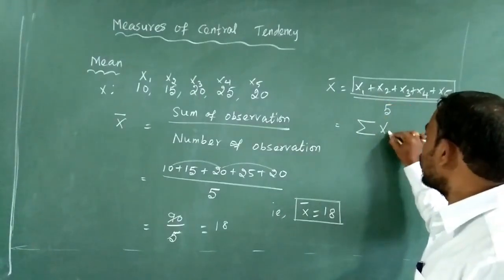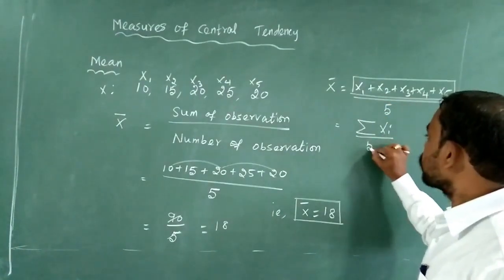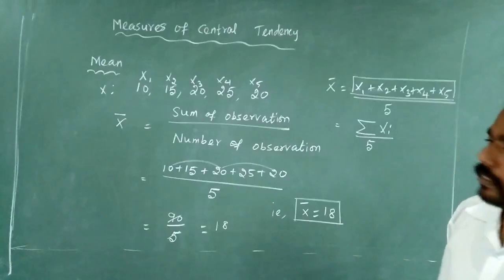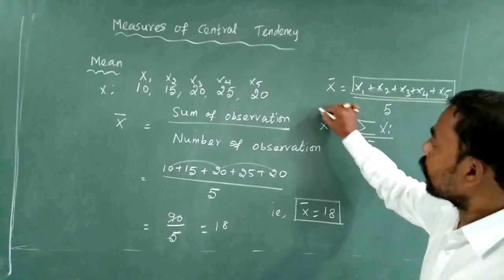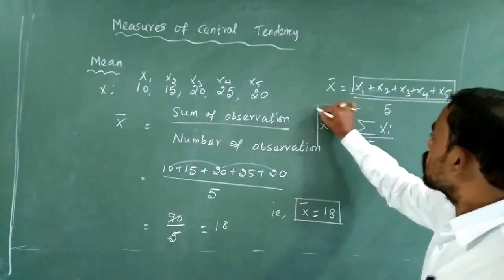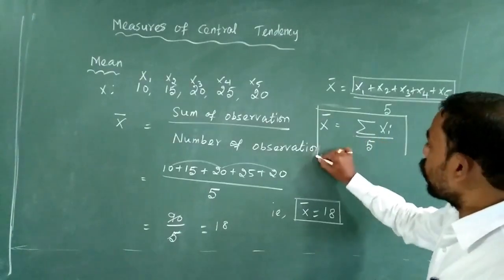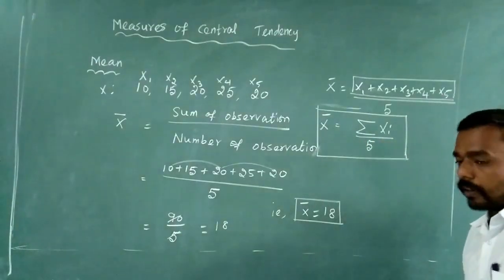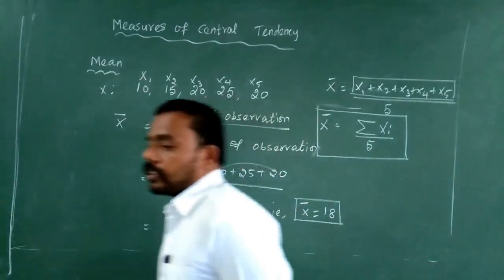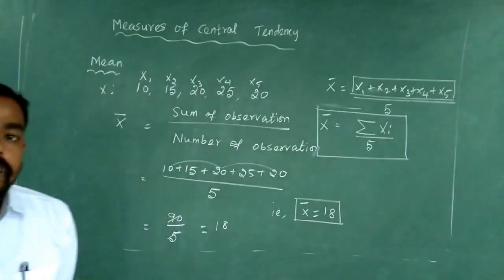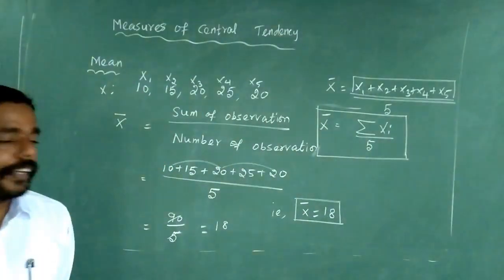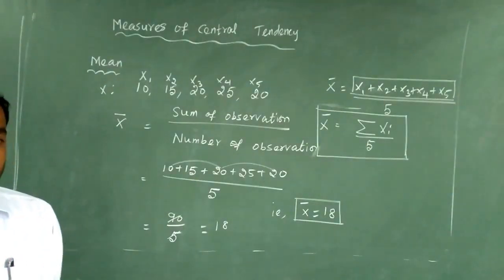Summation of xi divided by 5. This is the meaning of X bar. This is important when we solve frequency tables. In a frequency table, how to find the mean? This is the important one.